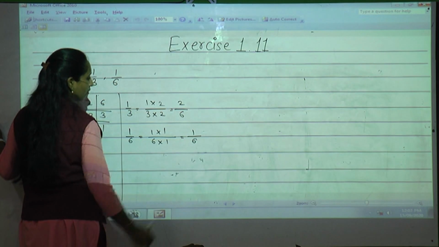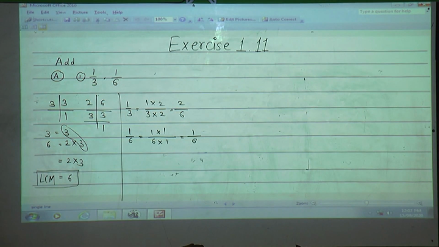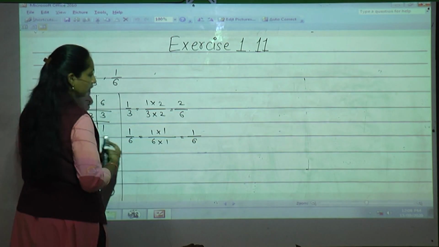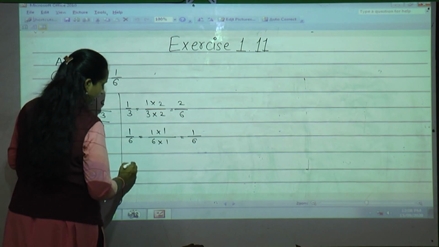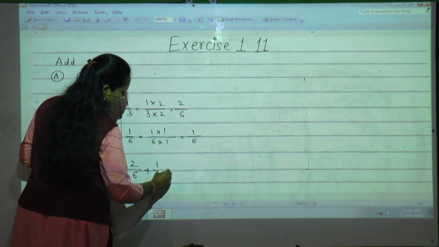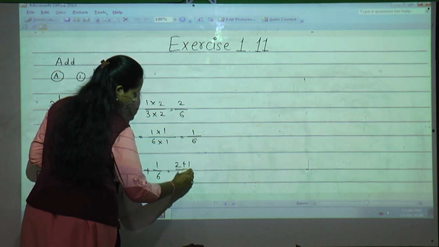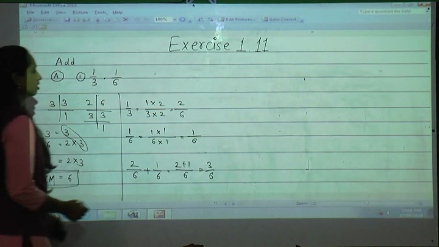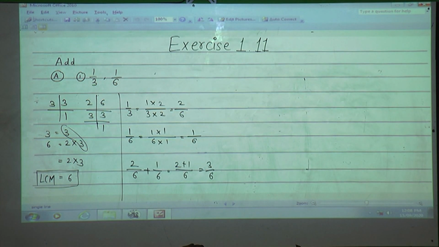Here also 1, 1 one is 1. Okay. Now we got both denominators the same. Now we can add together. 2 upon 6 plus 1 upon 6. 2 plus 1 is 3 upon 6. Clear? Yes, these are the steps.